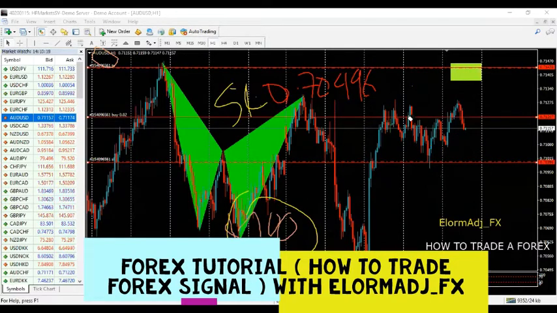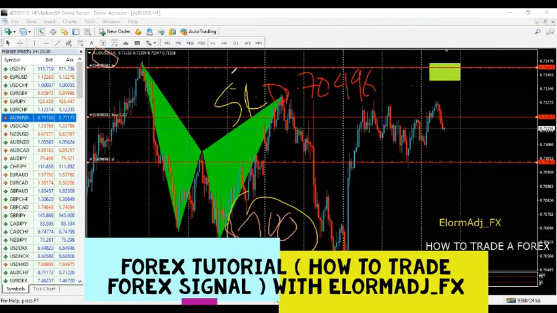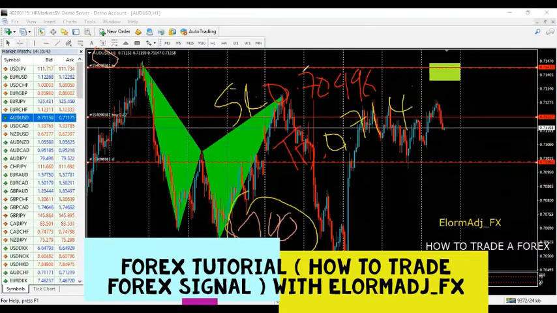That's the stop loss, and the take profit is 0.71438.